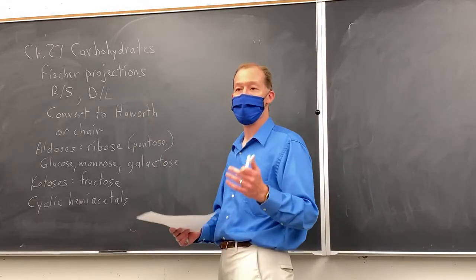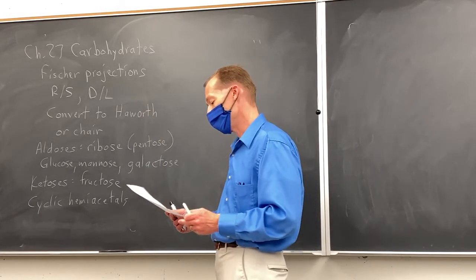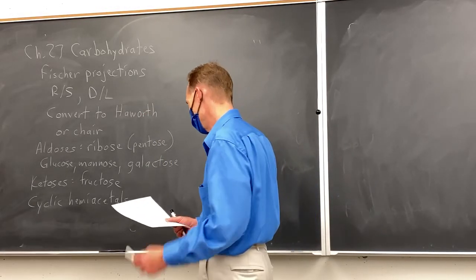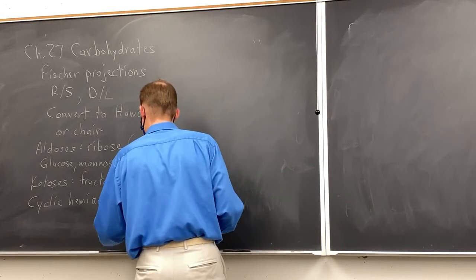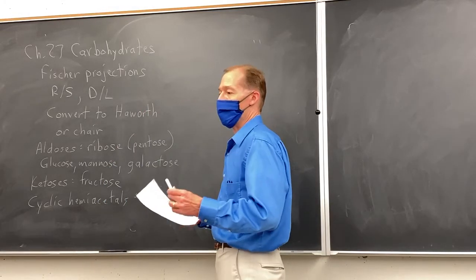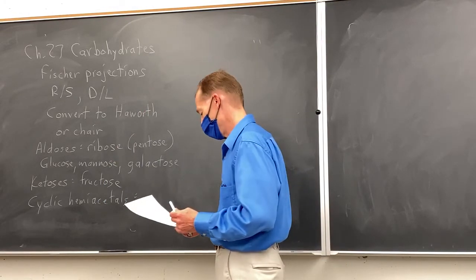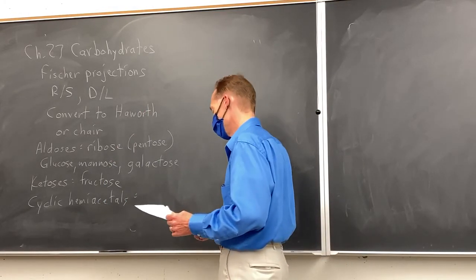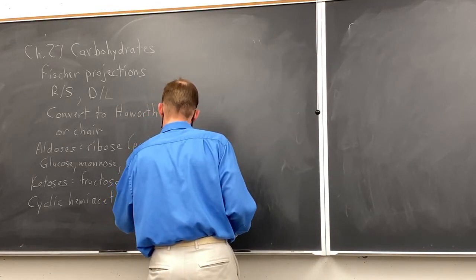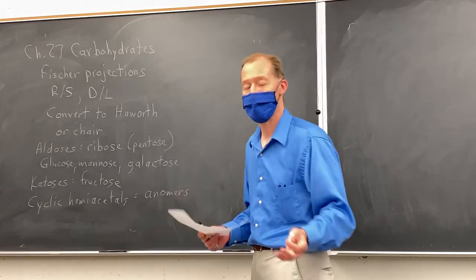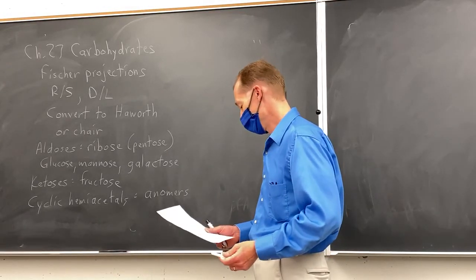That is the form that dominates at equilibrium when you dissolve a sugar in water. And so we have anomers, right? We have different anomers or epimers at the anomeric carbon, so some vocabulary that we learned.